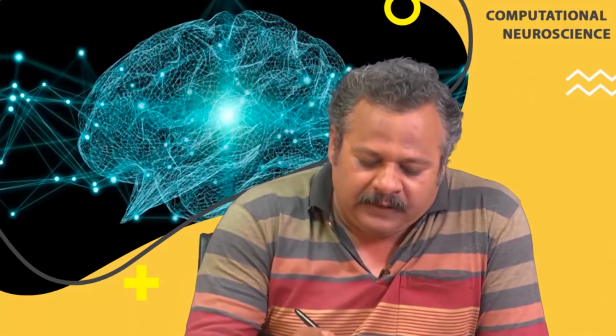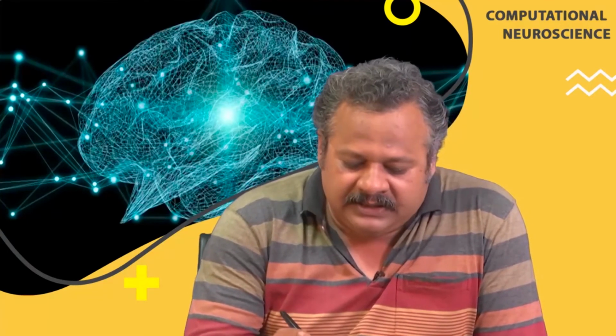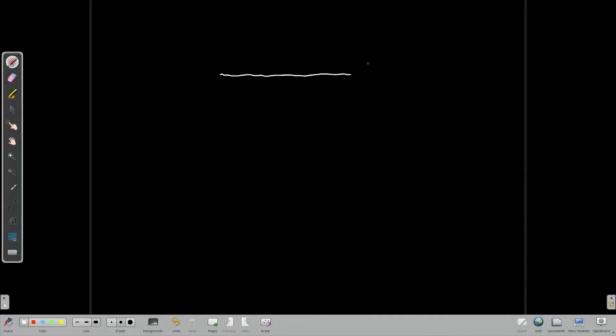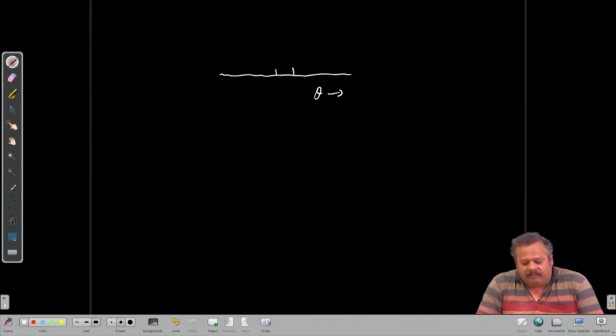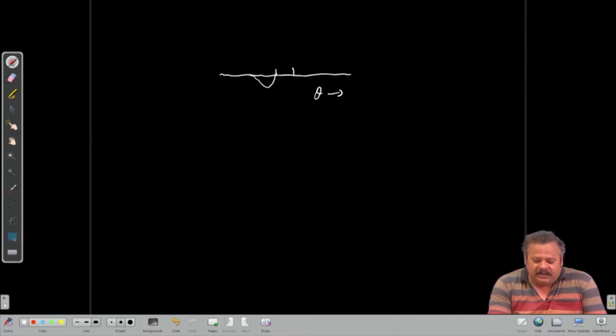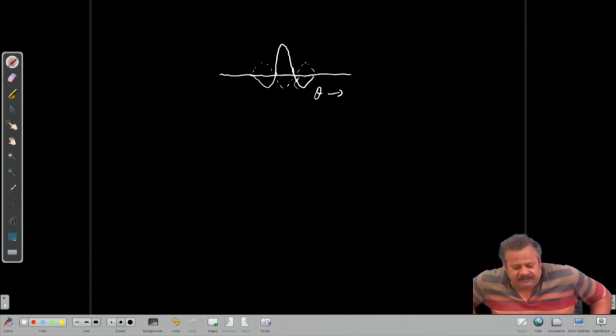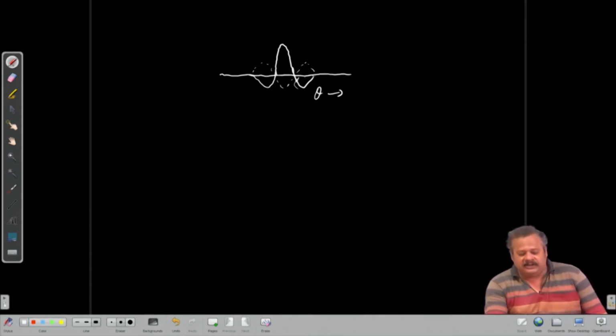If this axis is the frequency axis, or some other parameter axis, say theta, on which a particular region is being paid attention to, then we get an enhancement in single neurons, a contrast enhancement, either in the positive direction or, as we saw in the two different tasks, in the opposite direction. So, this is the point of attention.